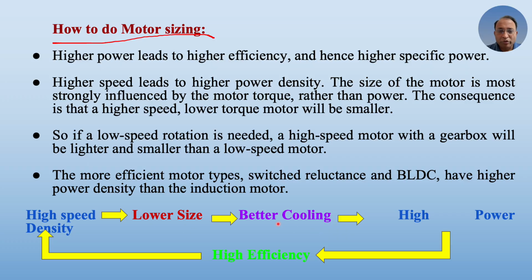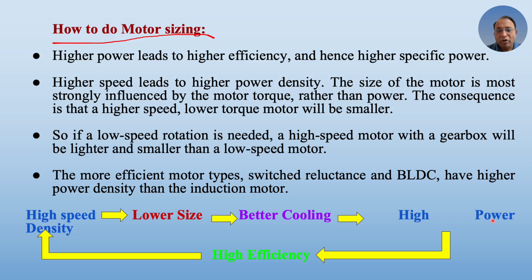So what is the flow and how are they interrelated? Just now we have seen that the motor which has better cooling naturally will have lesser losses, and lesser losses means you need to keep a motor having better cooling.